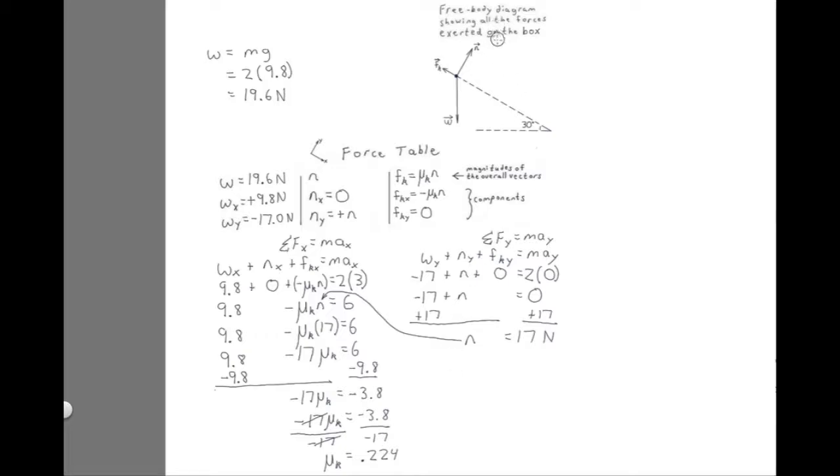In our free body diagram, we find the direction of the kinetic friction by remembering that friction opposes sliding. And in our force table, we represent the magnitude of the overall kinetic friction with the special formula, mu k times little n. The new issue that came up on this problem that we hadn't seen before is that in this case, we didn't have any specific numbers to plug in to the special formula.